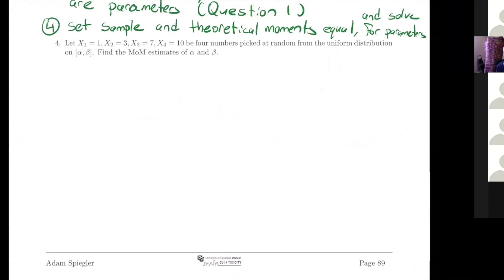This is very, very similar to homework question 3 on your homework. You just have a different sample, but you're asked to do the method of moments for a uniform distribution. So we'll go through something here. Hopefully, this will help put you in the right direction for your homework. And again, hopefully you get through those first 3 questions by the time we meet again on Wednesday.